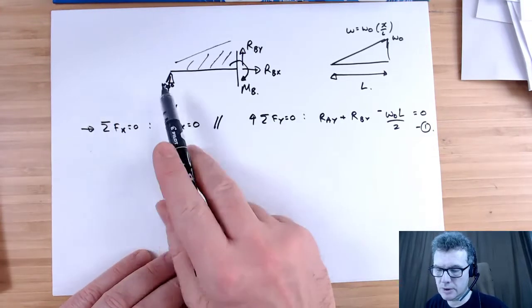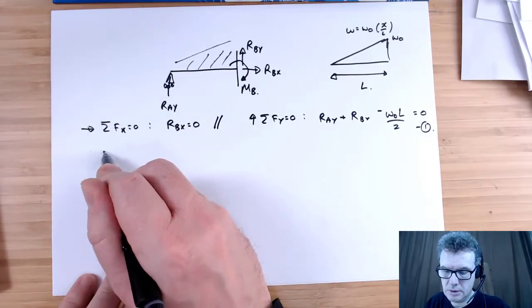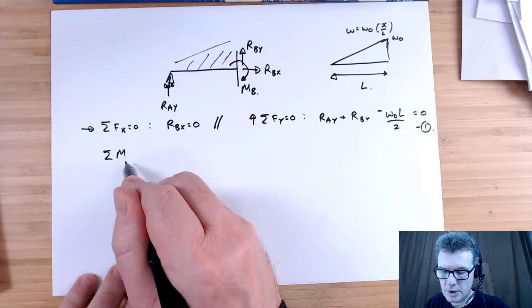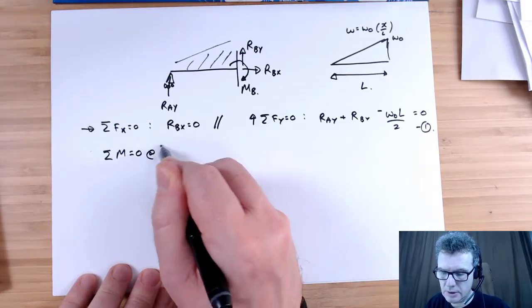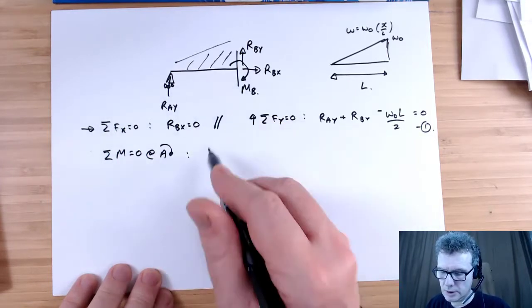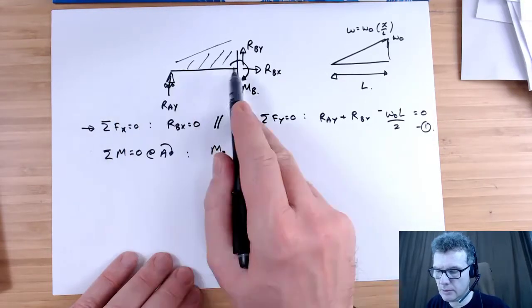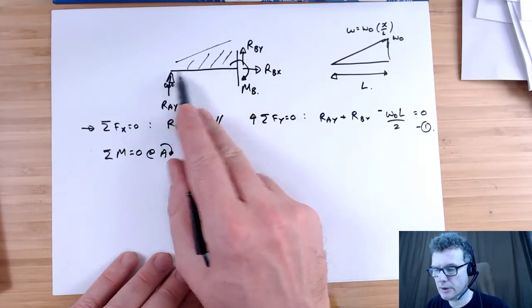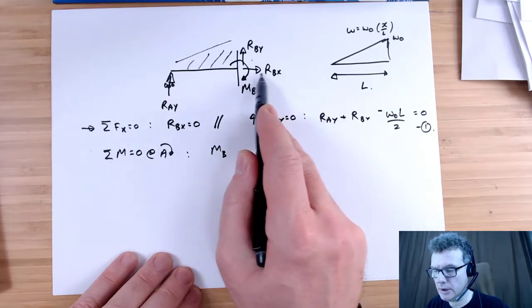And then the next one is we'll take moments. A is the obvious location. Take moments at A. Well, I've got a clockwise MB. And then this is going to create a turning moment, RBY.